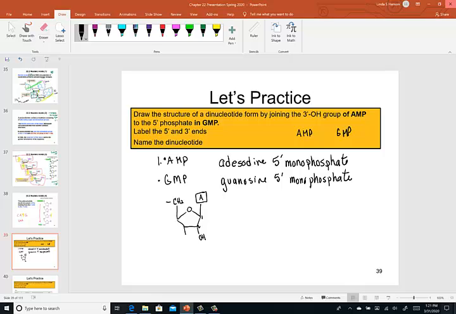Carbon 2 I know has an OH group because it is a ribose and not a deoxyribose. Here's carbon 3, carbon 4, carbon 5 in my sugar. All right, the ribose sugar has 5 carbons, where the 5th carbon is out of the ring. And notice that the 5' carbon is going to have a free phosphate group.